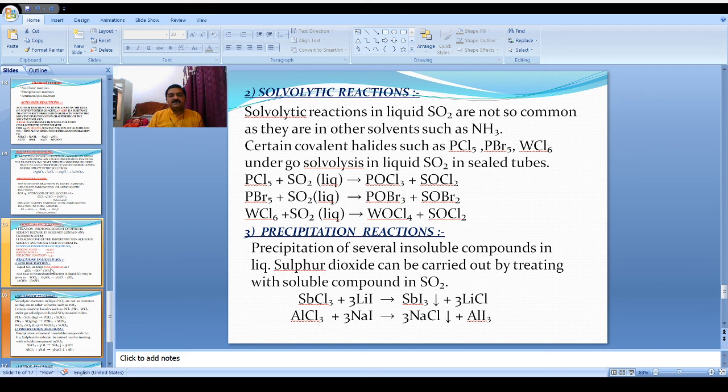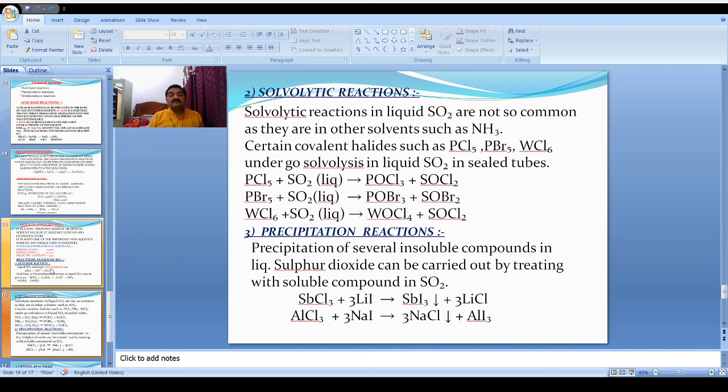When phosphorus pentachloride reacts with liquid sulfur dioxide, it forms POCl3 and thionyl chloride. Then phosphorus pentabromide reacts with liquid sulfur dioxide, forming phosphoryl tribromide and thionyl bromide. Also tungsten hexachloride reacts with liquid sulfur dioxide, forming tungsten tetrachloride and thionyl chloride.